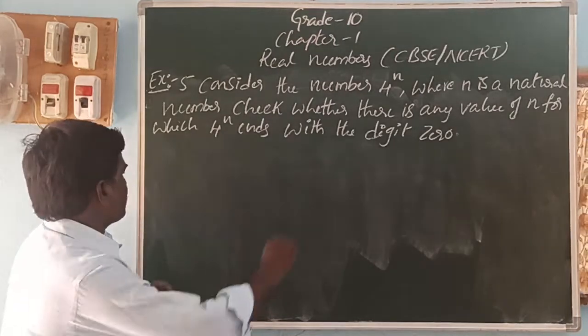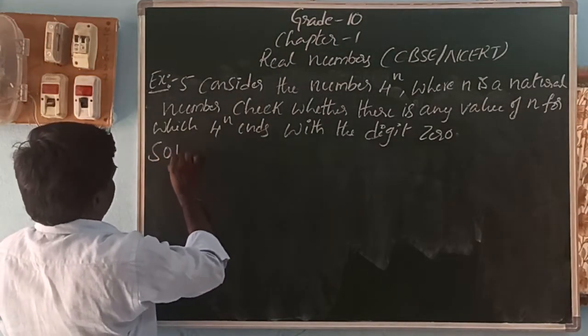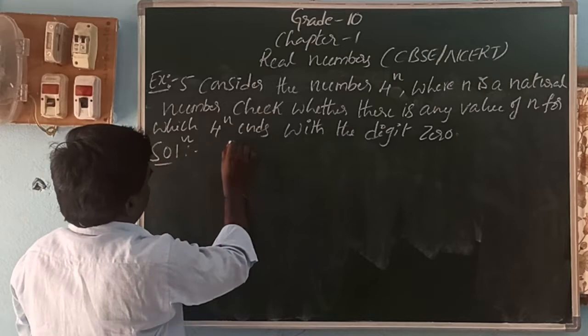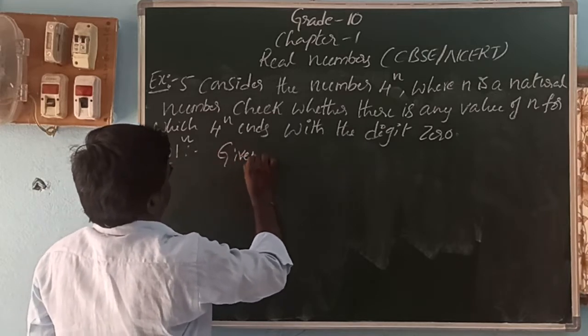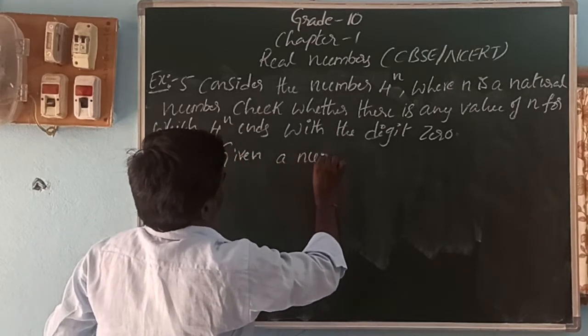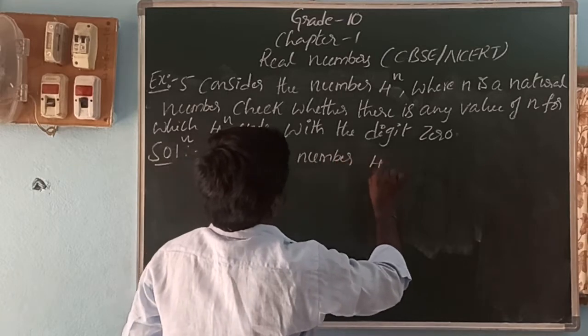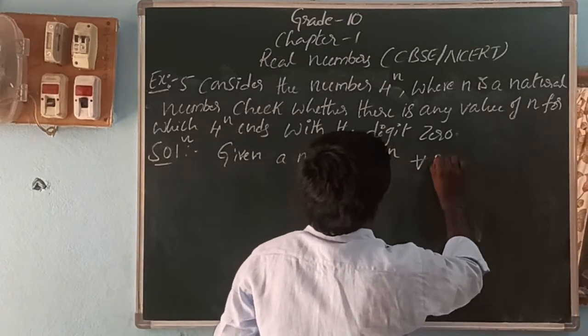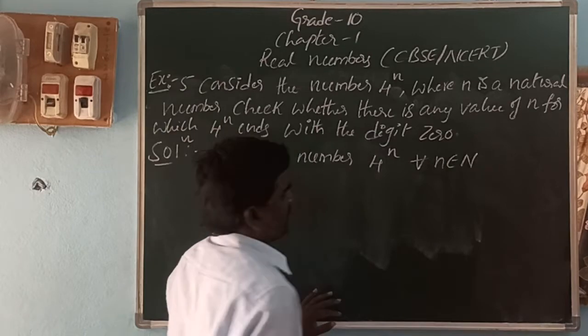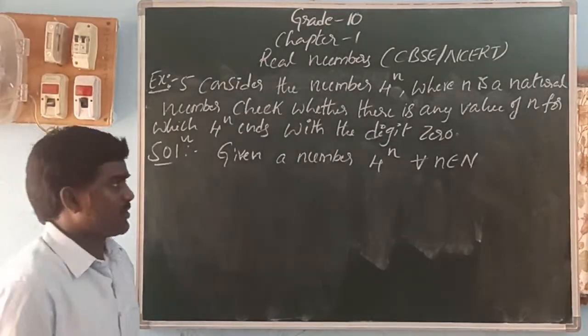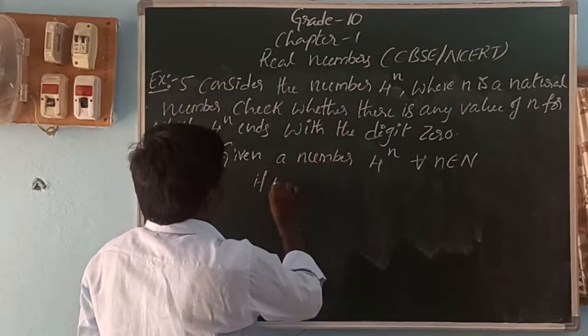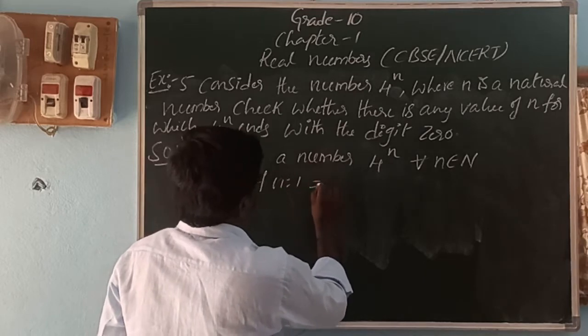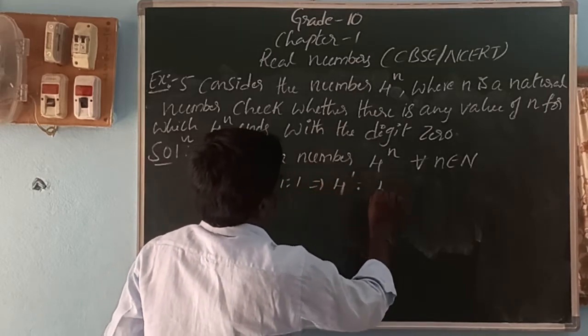Okay, so here, given a number 4 power n for all n a natural number. If n is equal to 1, then 4 power 1 is equal to 4.